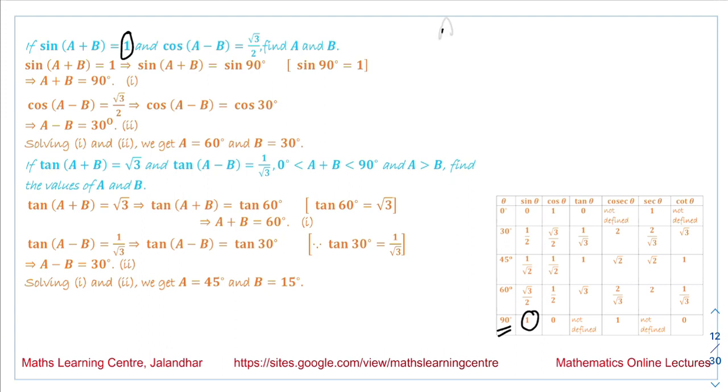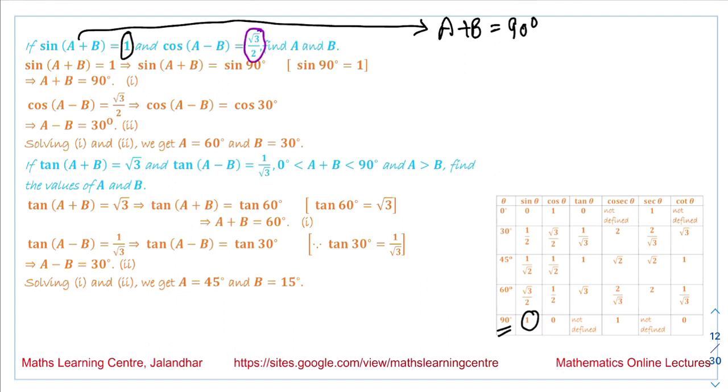It means A + B should be equal to 90 degrees. Then sin(A + B) will become 1. Next we are saying cos(A − B) is root 3 by 2. The value of cos is root 3 by 2 if theta is 30 degrees. So we have A + B is 90 degrees and A − B is 30 degrees.